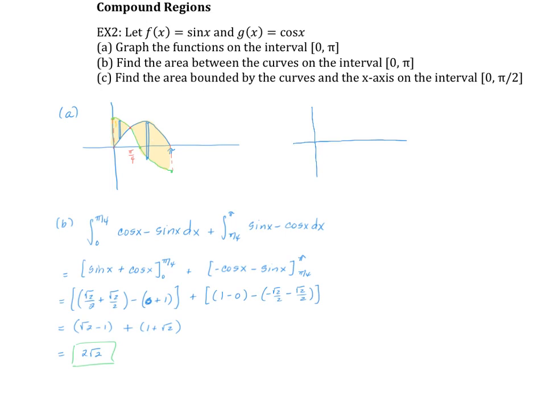So sine starts at 0 and at pi over 2 we're at 1. Cosine starts at 1, and at pi over 2 we're at 0. So we're supposed to find the area bounded by these curves and the x-axis.